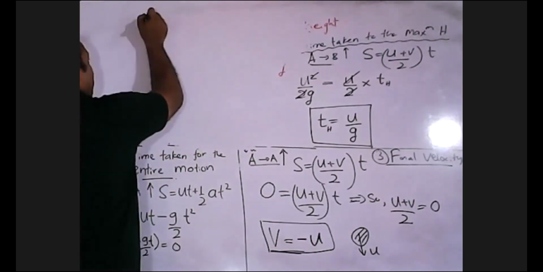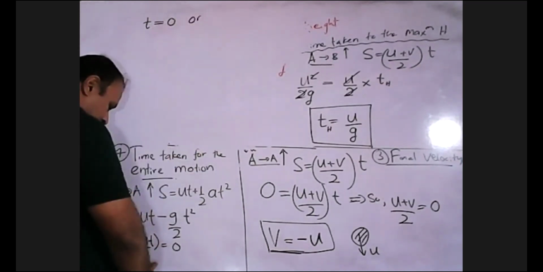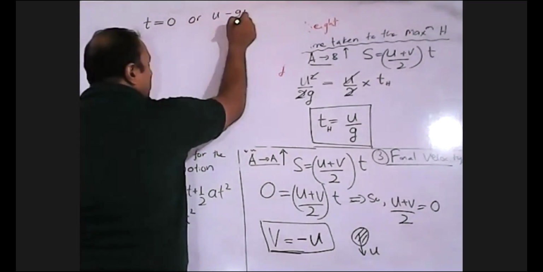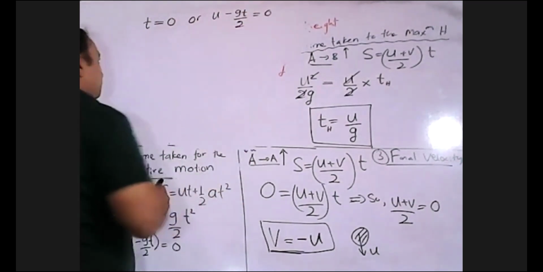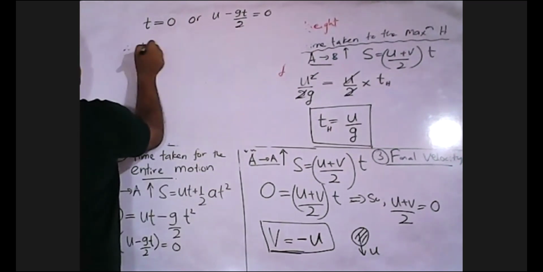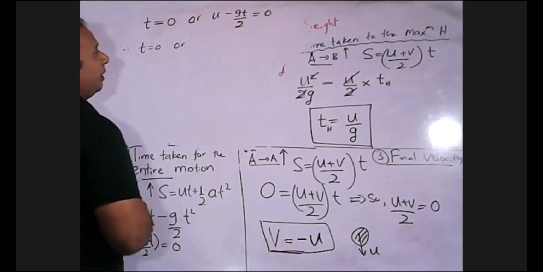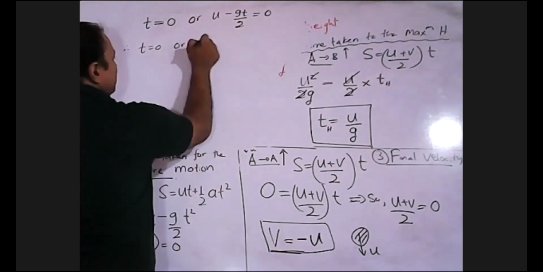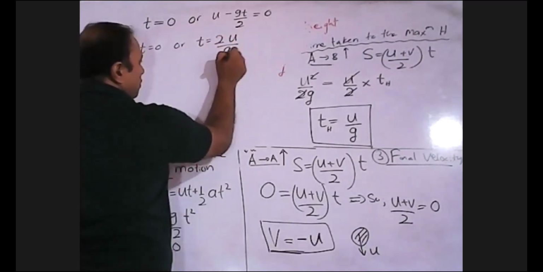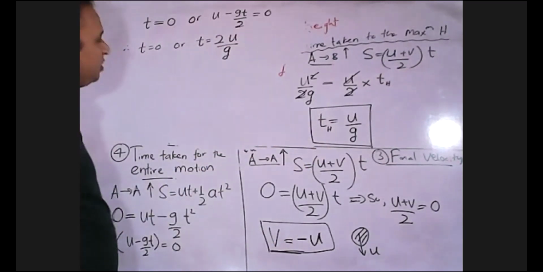Therefore, t equals 0, or u minus gt over 2 is equal to 0. So t equals 0, or making t the subject, t is equal to 2u over g.